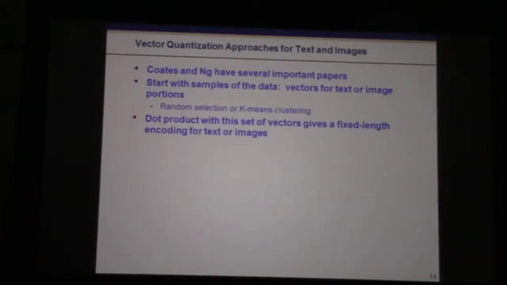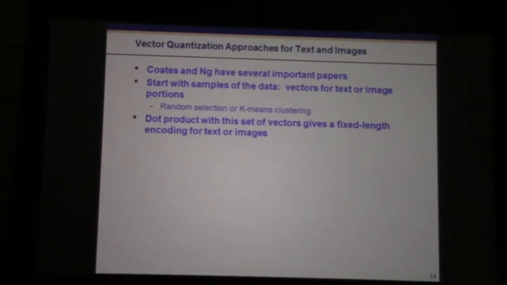What it's doing is taking this image and converting it to a fixed length vector, where the components are how well each dictionary member corresponds to this particular thing that you're looking at.